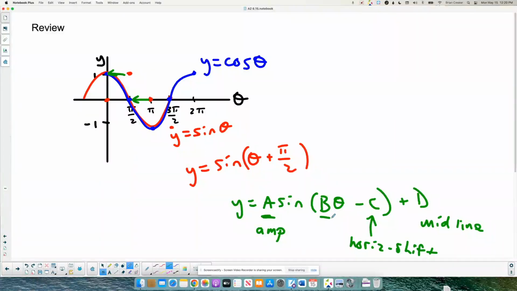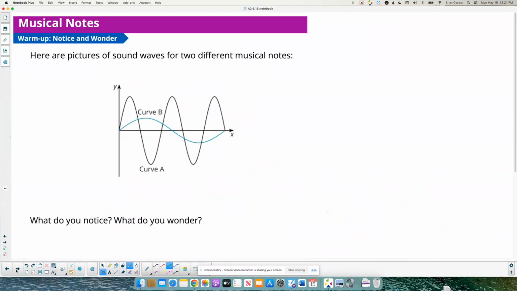We haven't done anything with the b value, which affects our period length. Up until now, my period length has always been 2 pi. So today we're going to learn a little bit about period length. So here's the warm-up. What do you notice?